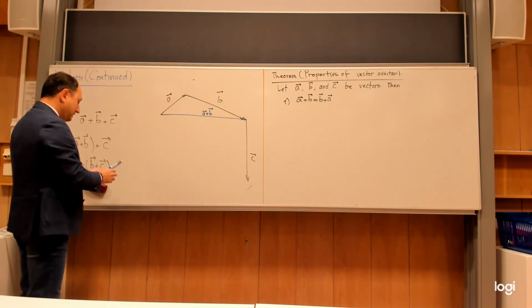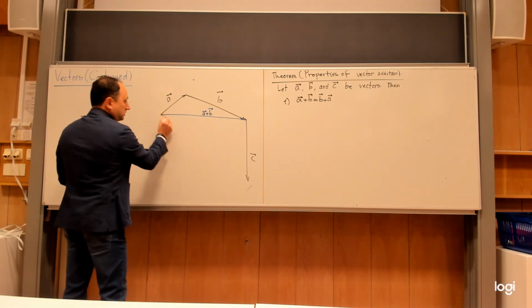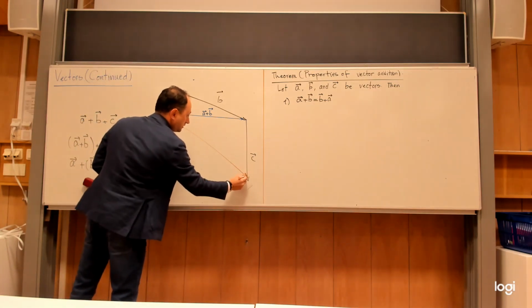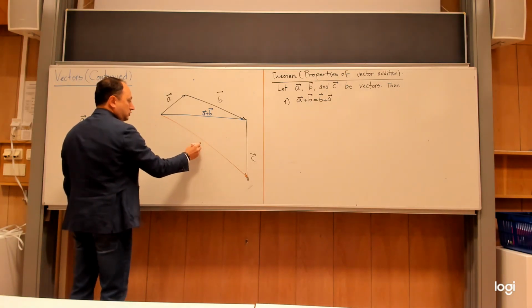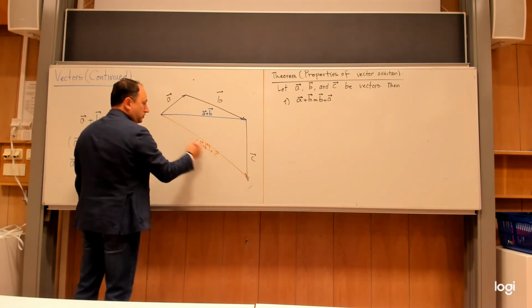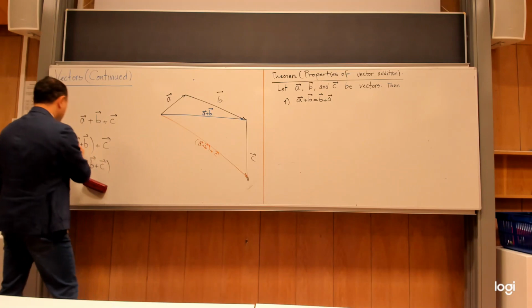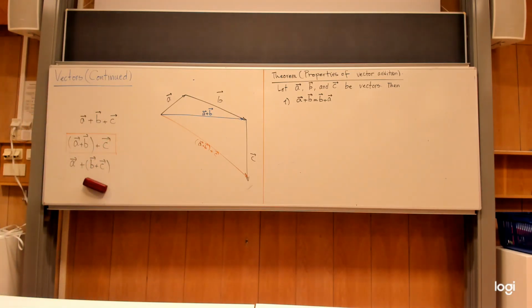If I add them, I will have this vector. And if I ask you what is the name of this orange vector, you would say that I had vector A plus B, and then I add C to it. So this orange vector is the result of this. Understandable? And now let us go here.